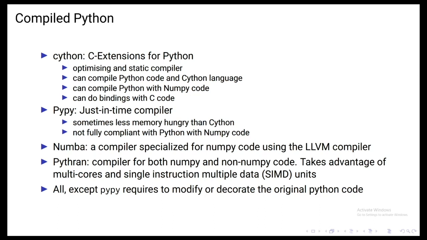Then we saw the examples of the just-in-time compilers. PyPy is a main project, so we have to mention it, but we will rarely use it in any kind of code that is meant to be used for scientific computation.